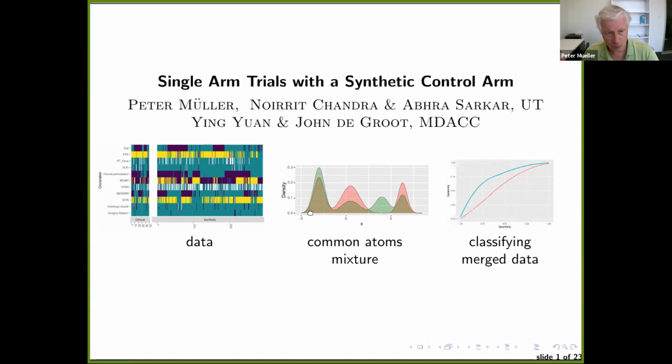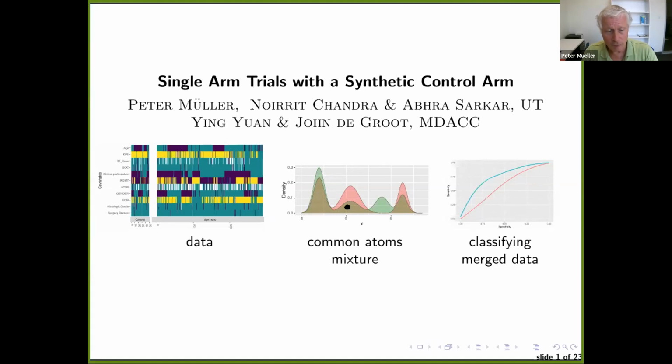The green mixture model is what we are fitting to the historical data. One thing to notice is that it's two different mixture models, but they actually share the same atoms. These two mixture models share the same clusters. So we are setting up two mixture models with common atoms, with common cluster locations.